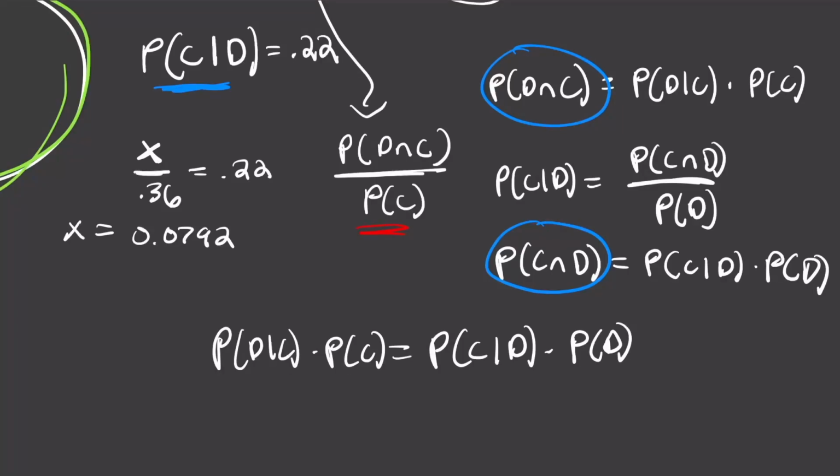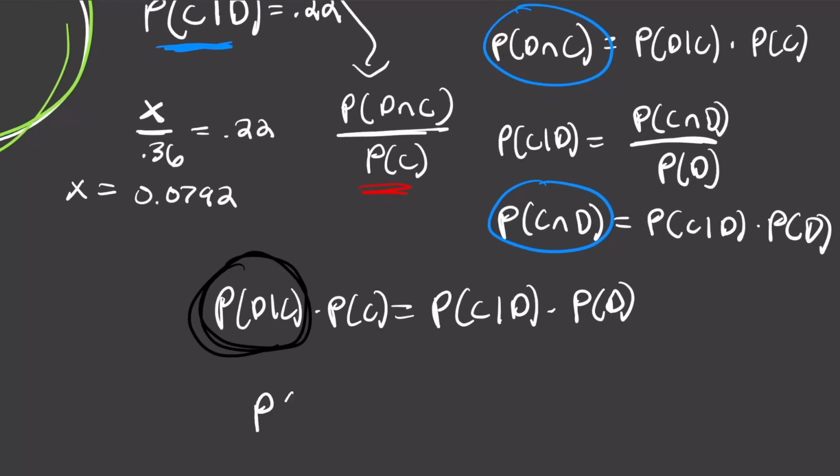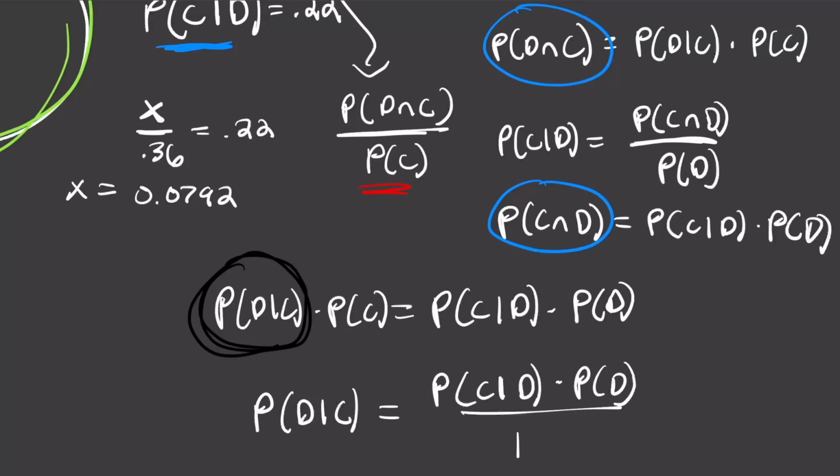What were we originally trying to solve for? It was the probability of D given C. So let's put that on the left-hand side and everything else on the right. Then it's equal to the probability of C given D times the probability of D over the probability of C, all three values which we were given. This is just Bayes' formula right here.